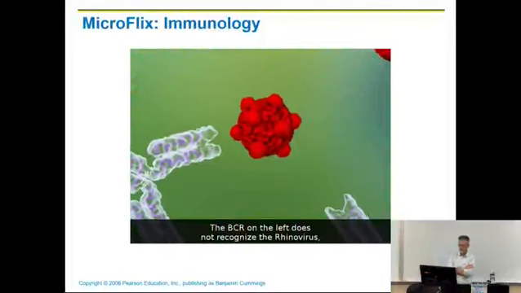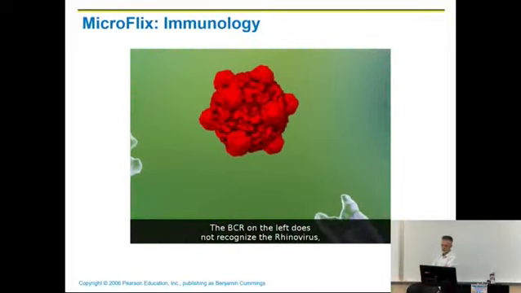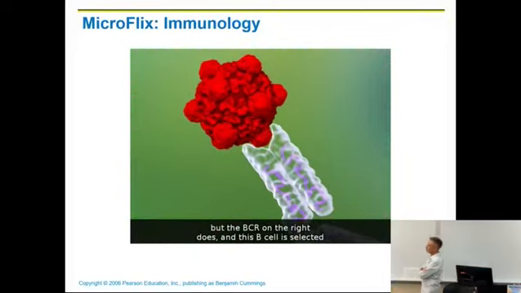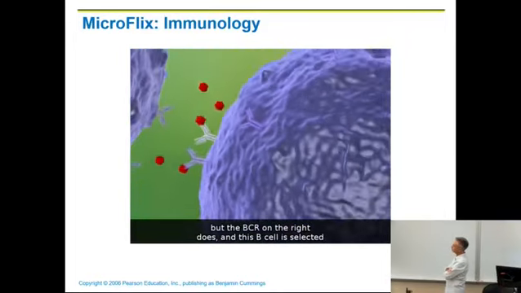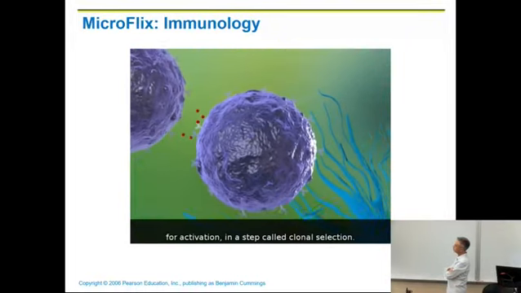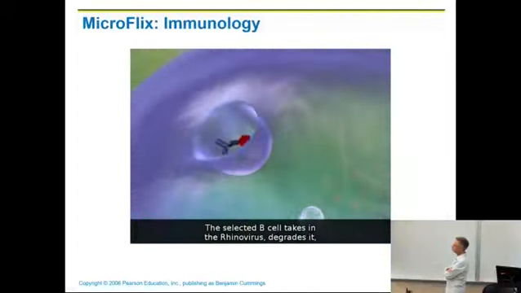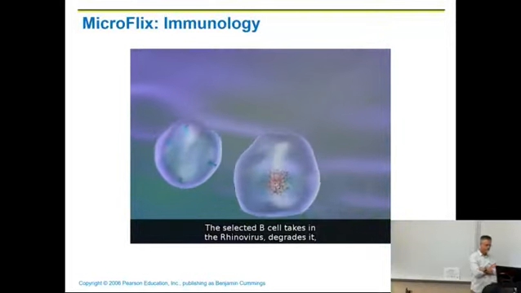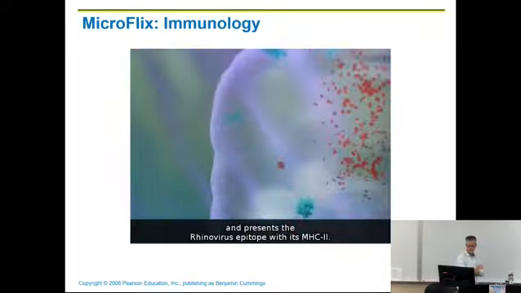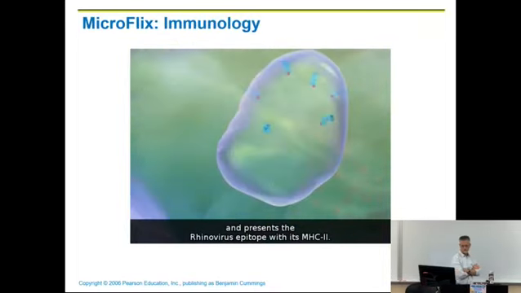The BCR on the left does not recognize the rhinovirus, but the BCR on the right does, and this B cell is selected for activation in a step called clonal selection. The selected B cell takes in the rhinovirus, degrades it, and presents the rhinovirus epitope with its MHC2.